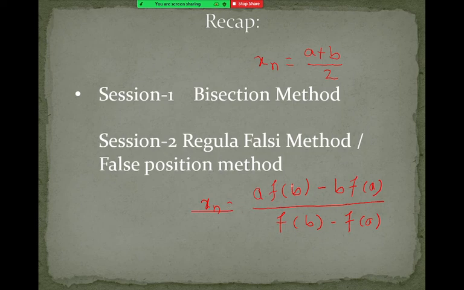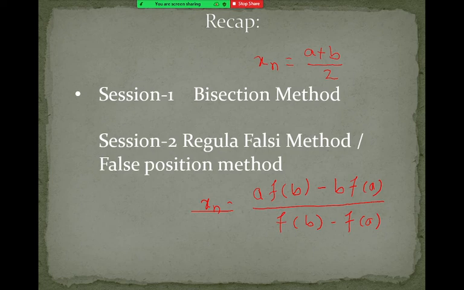First we again want two initial points a and b, where f of a and f of b have the opposite sign. Generally these a and b are the two nearest integers, so that we get a smaller number of iterations. If we do not select the two nearest integers, the problem is we may face a larger number of iterations. Because of that, we select the two nearest integers.